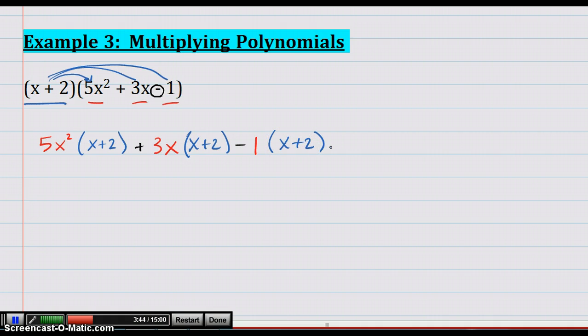And now you know how to finish this out. Just distribute each of these and then add like terms.